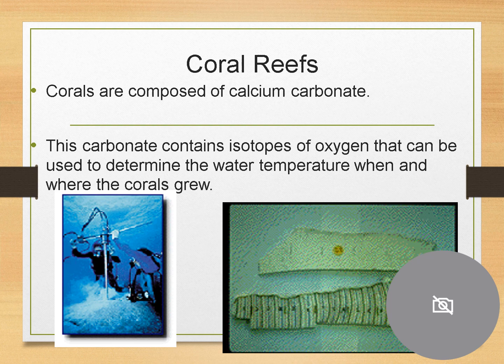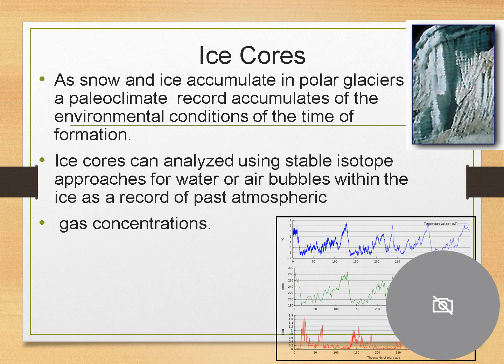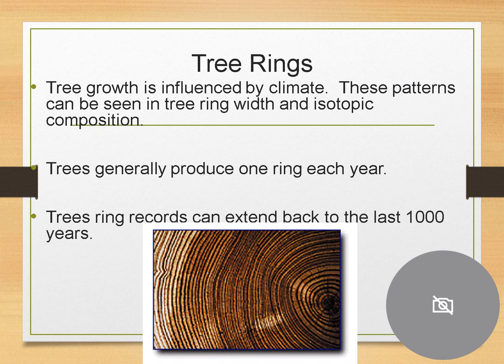Since it is calcium carbonate, we may extract isotopes of oxygen, and then we may apply some formulas to know the past climate change. As snow and ice accumulate in polar glaciers, they record the environmental conditions at the time of formation. So, using a stable isotope approach on water or air bubbles within the ice as a record of past atmospheric gas concentrations, we may know the past climate.